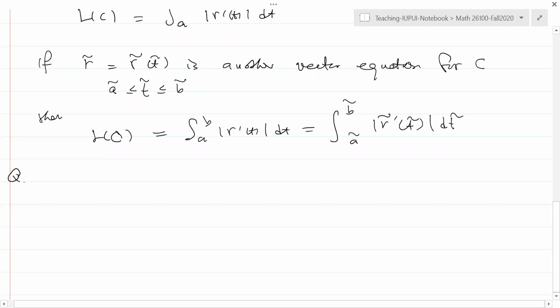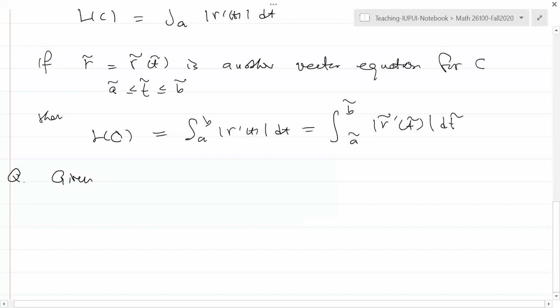Let's take a look at the example. I'm going to find the length for a nice example here, in the space.